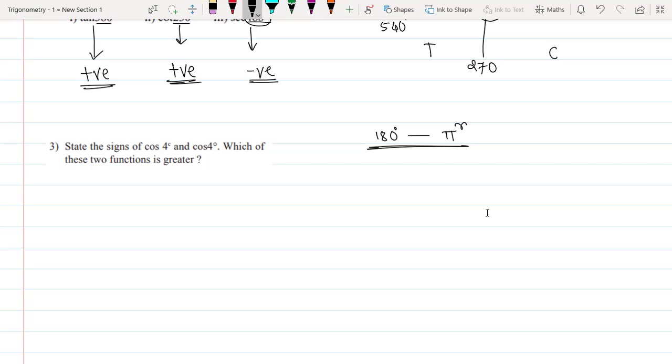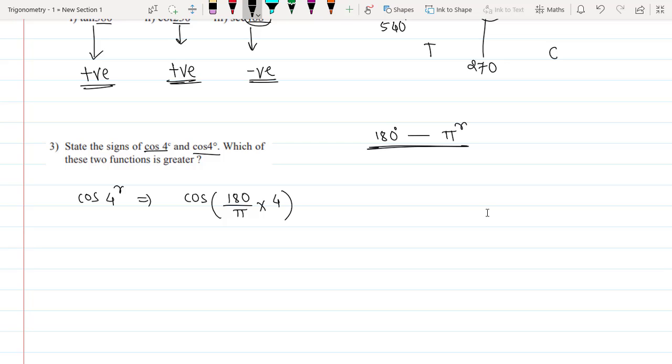Is it okay? Now we have to compare whether 4 degree is bigger or 4 radian is bigger. So let's first convert it into degrees. So cos of 4 radian is equal to, how will you convert this 4 radian into degrees? It is 180 by pi into 4.